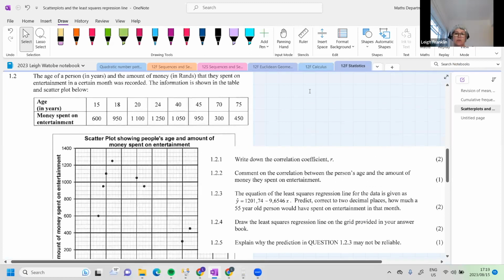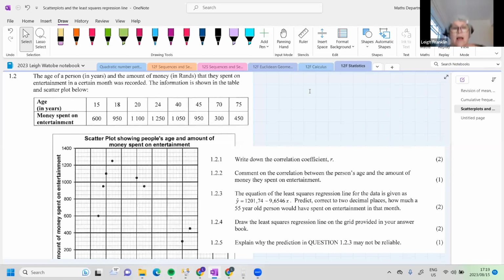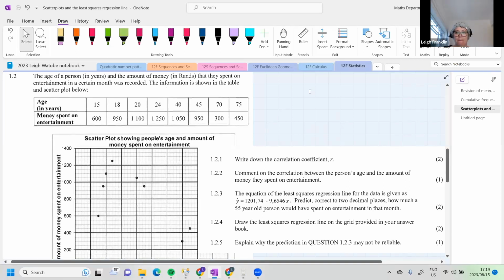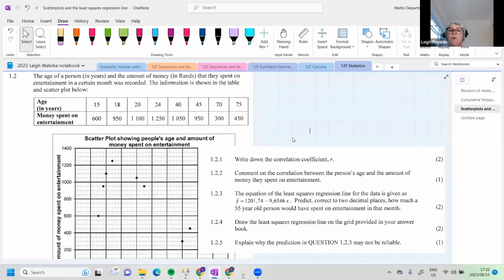Okay, so you guys are going to try this question all the way from 1.2.1 to 1.2.5. Might be a little bit difficult for you to draw the equation of the least squares regression line, but we can certainly talk about that.